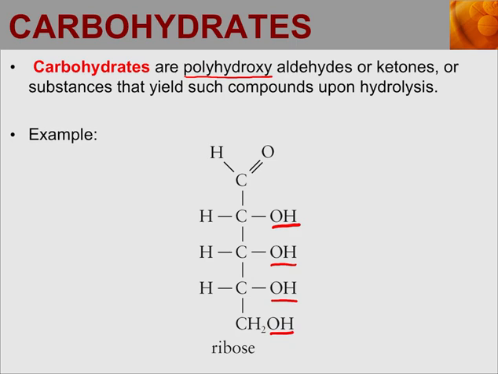So carbohydrates are polyhydroxyaldehydes or ketones. In ribose down below, at the very top, we have an aldehyde. However, other carbohydrates might have a ketone there instead. So you could have an aldehyde or a ketone at the top.